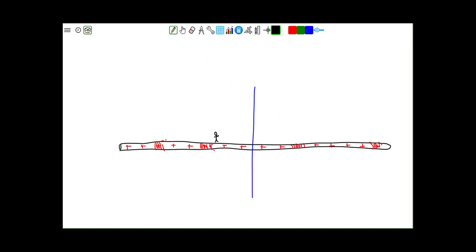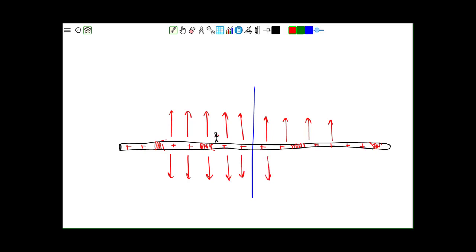If you continue this analysis for all of the points surrounding this wire, you would end up with an electric field that only has a y component. And this electric field is pointing radially away from the central axis of the wire.